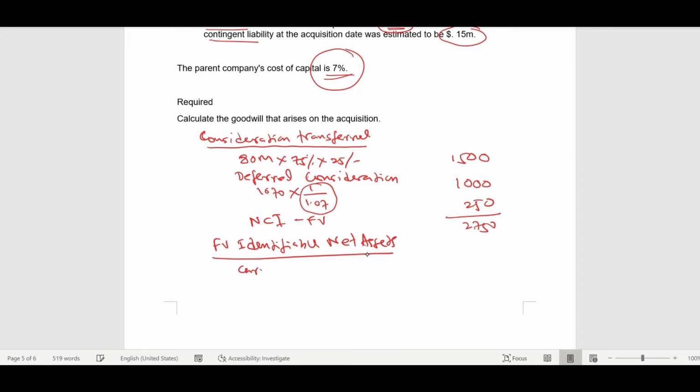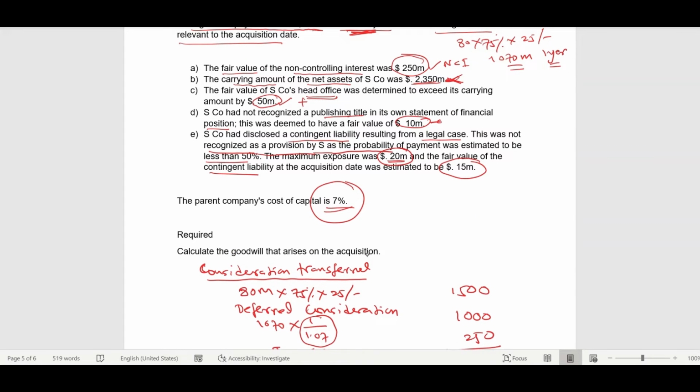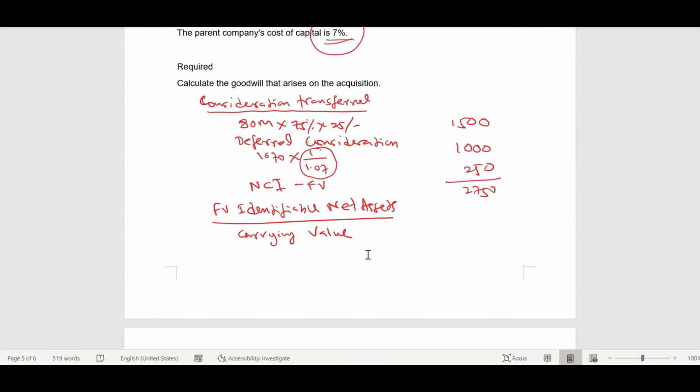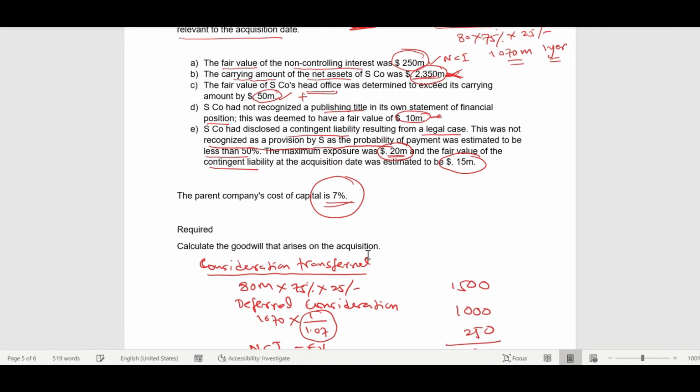So you know the carrying value was 2,350,000. So this will increase by the fair value adjustment for the head office, because the carrying value is going to exceed by 50 million.